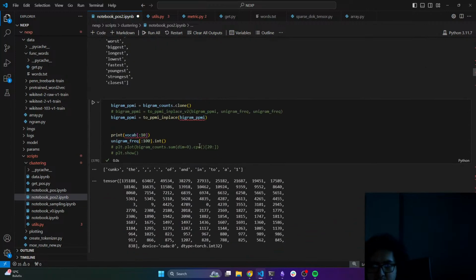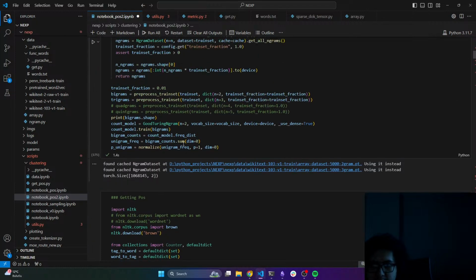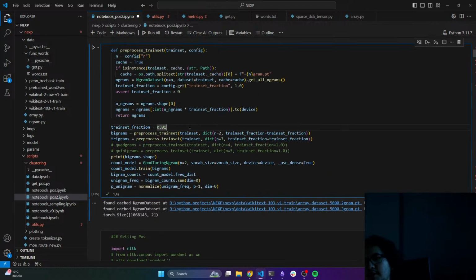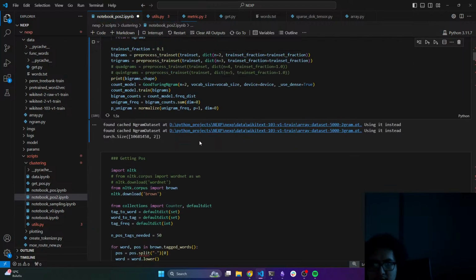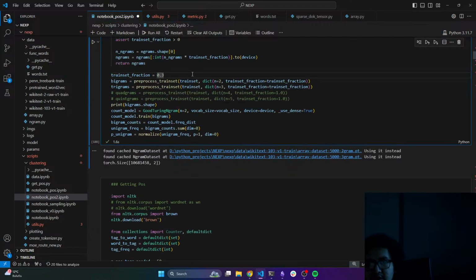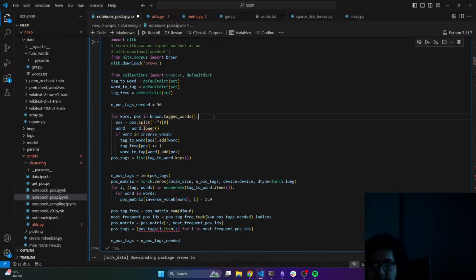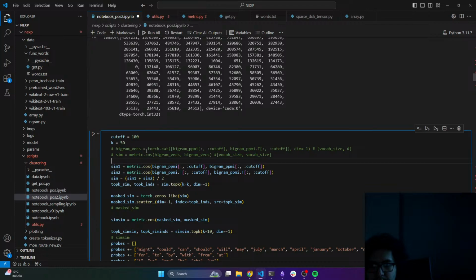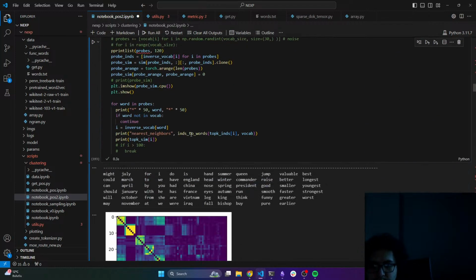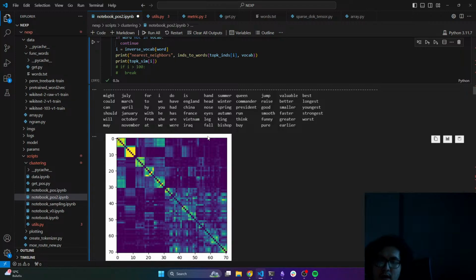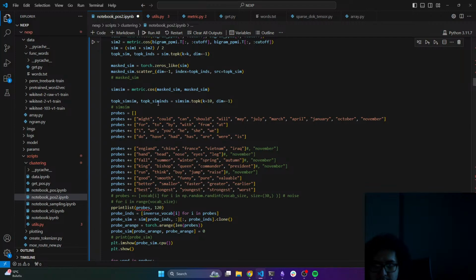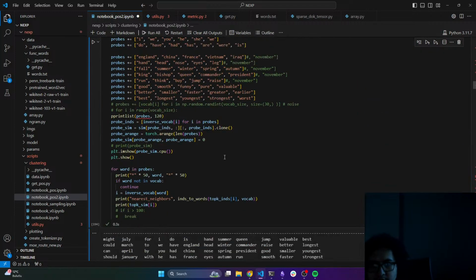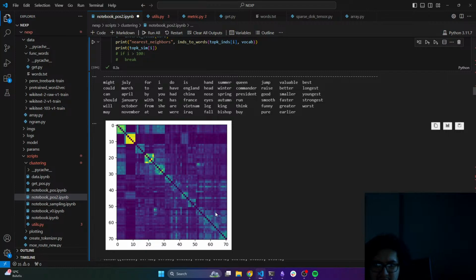So if we increase the amount of data by, let's say, 10 million, now that's a big jump, to be honest. Let's say we increase to 3 million. Now at 3 million this becomes a little hard to distinguish. But if I use more context words, now we can slowly see these patterns.